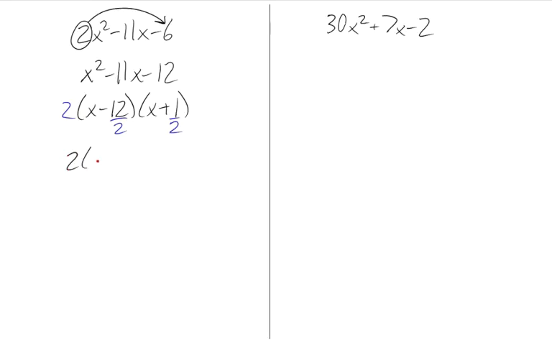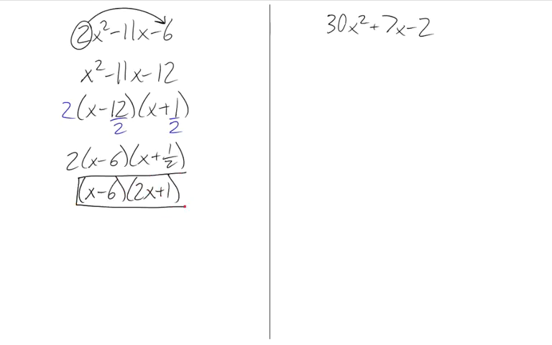I get 2 times x minus 6 times x plus 1/2. So with that said, I'll give the 2 over to the second factor, and I get x minus 6 times 2x plus 1. Fast.